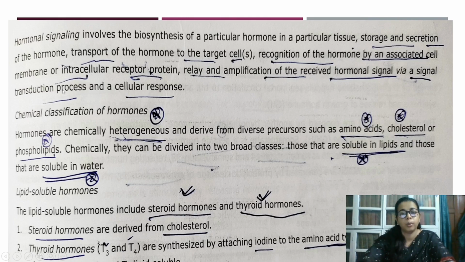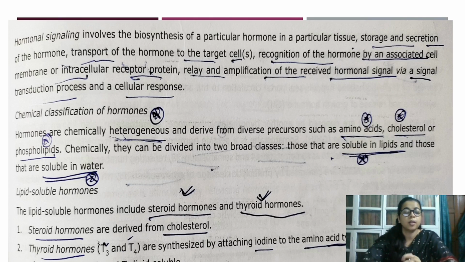The targeted organ recognizes the hormone and receives it through a receptor protein, and then it relays and amplifies whatever information the hormone is carrying to the target cell. This is all about hormones and their important characteristics.